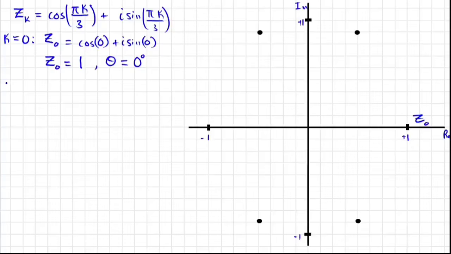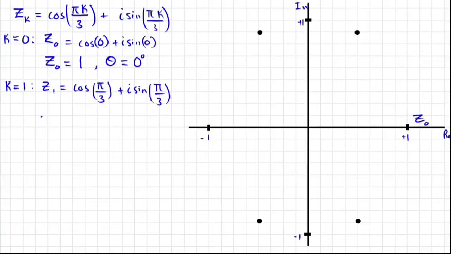So we'll do the same. When k is 1, we're finding z1. This means that I replace k in the original expression that I have on top there. That will be cos pi over 3 plus i sine pi over 3, like this.